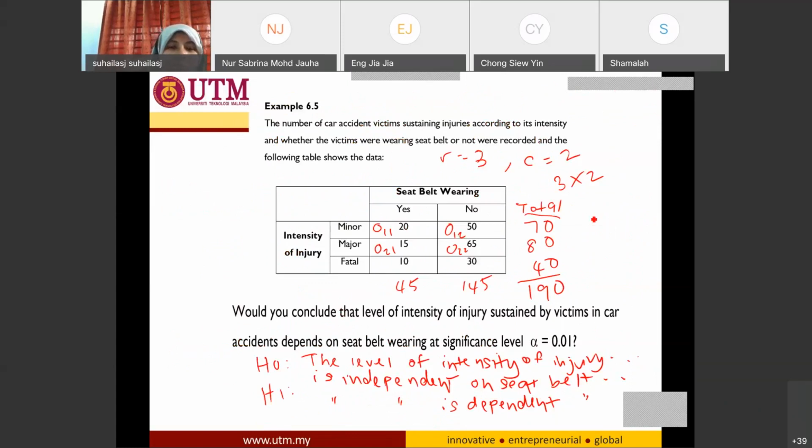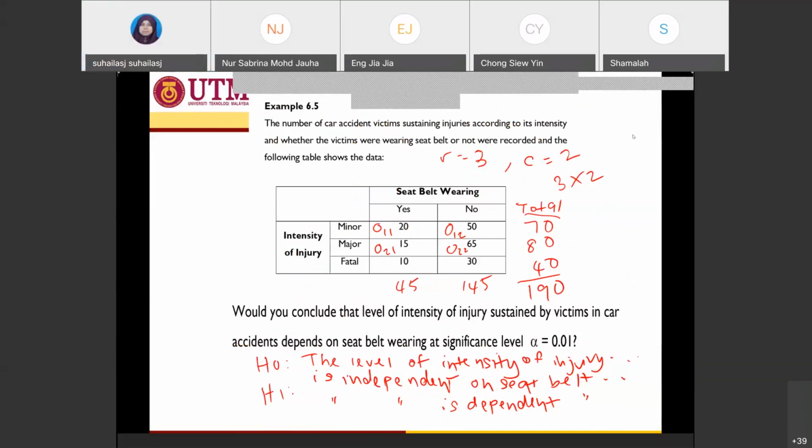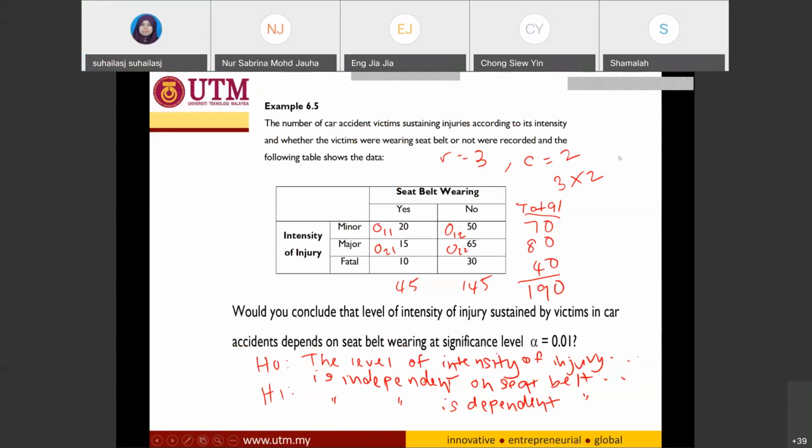And then you compute what is your expected frequency. Okay, so that means you have 6 categories or 6 cells. So compute for each value, and then you get your E11, E12, E21 and so on. It must correspond to your totals.